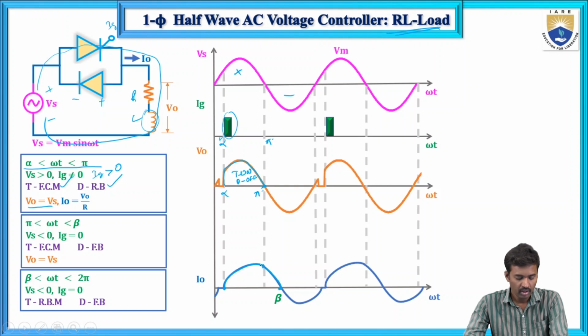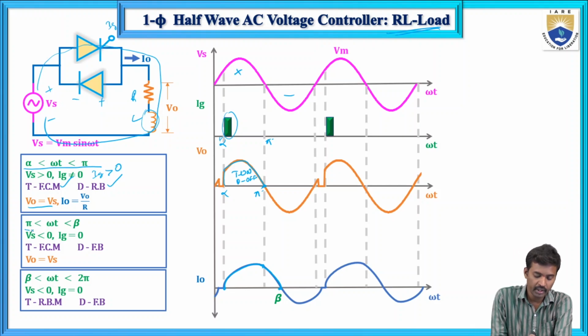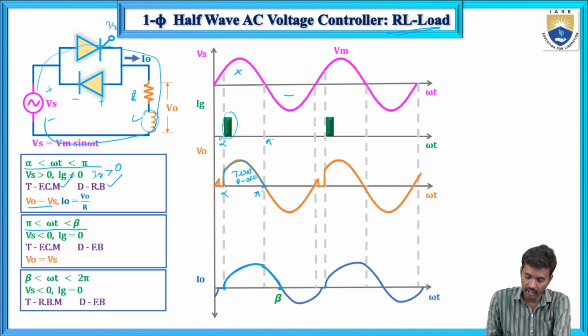Now from pi to beta, power is delivered from the source to the load inductor from alpha to pi. The inductor stores energy in the form of a magnetic field, which is delivered to the load from pi to beta. Now the current decreases, and power is delivered from the load to the source.